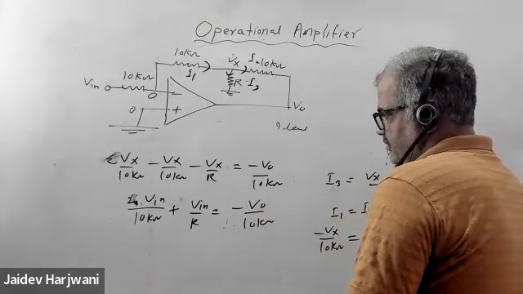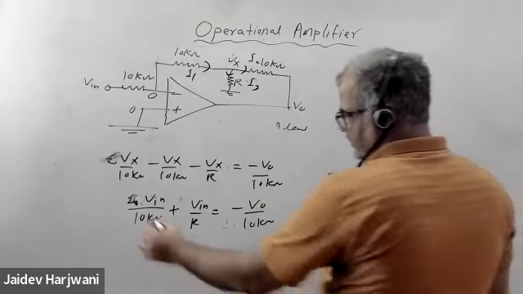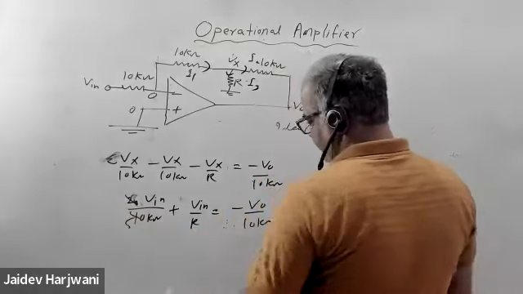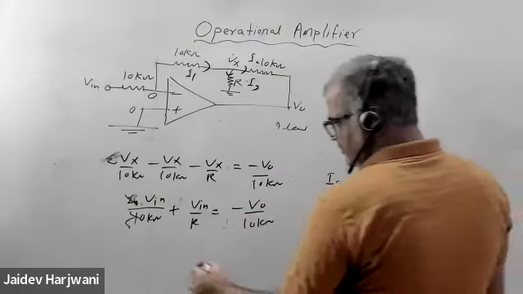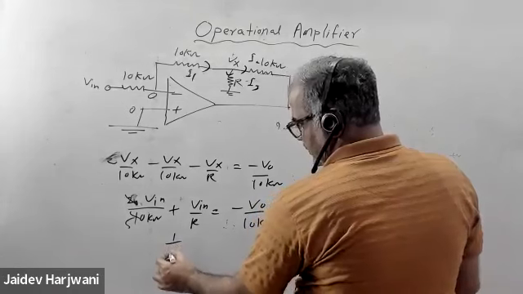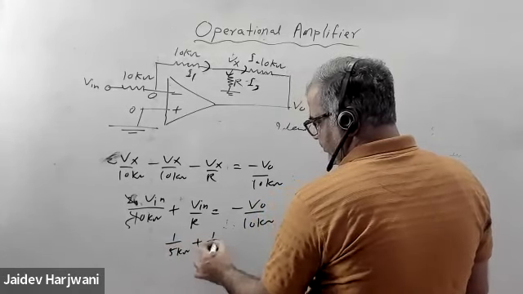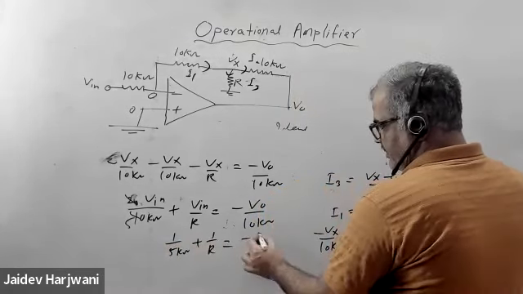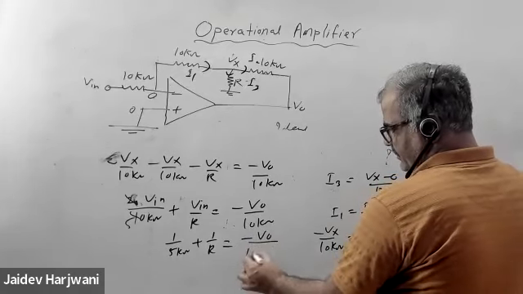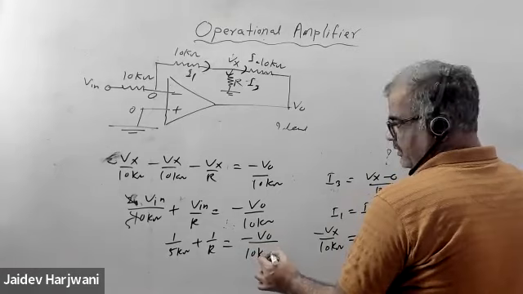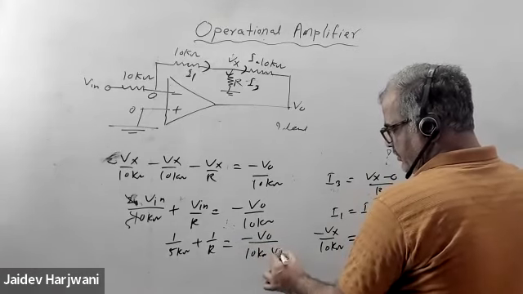Now this becomes 5 kilo ohm, and V input I can send there. So this gives me 1 upon 5 kilo ohm plus 1 upon R equals minus V0 upon 10 kilo ohm upon V input.